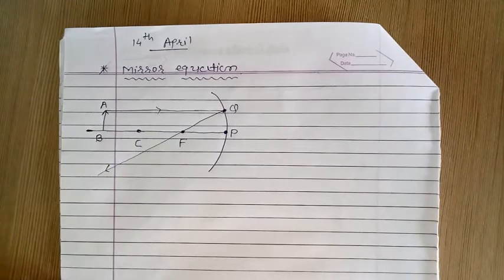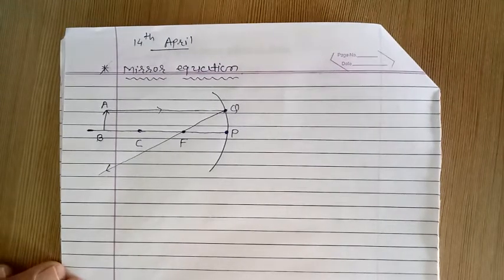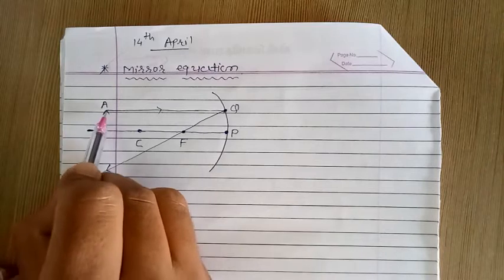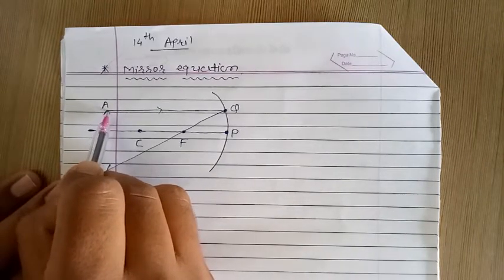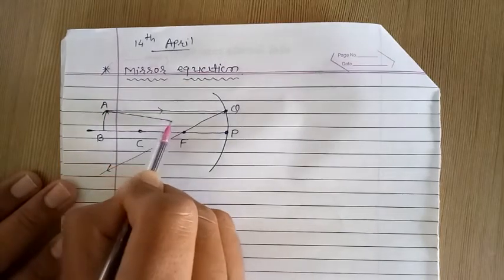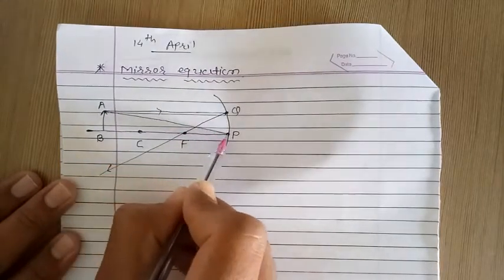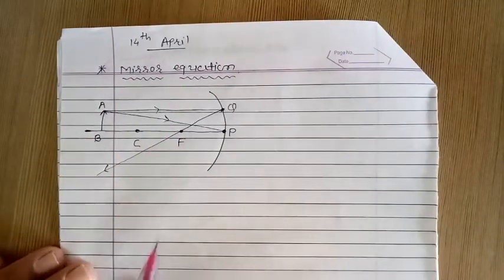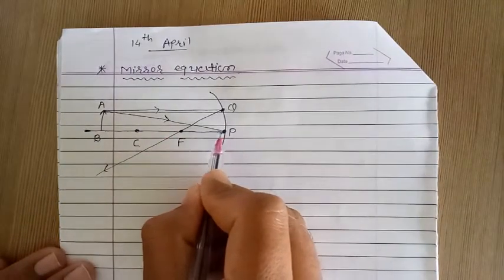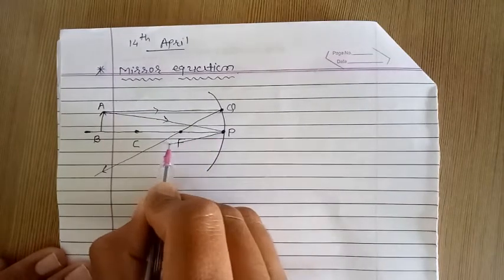Now for the second ray, a ray from the object is incident on pole P. After reflection, the ray passes like this.